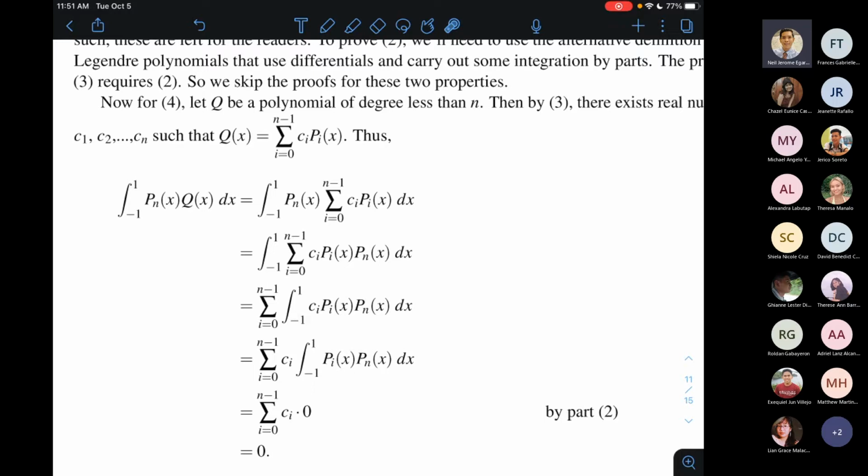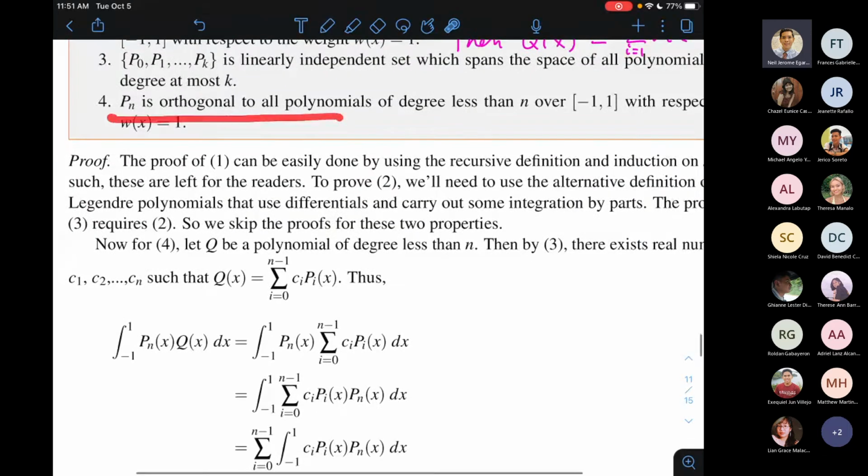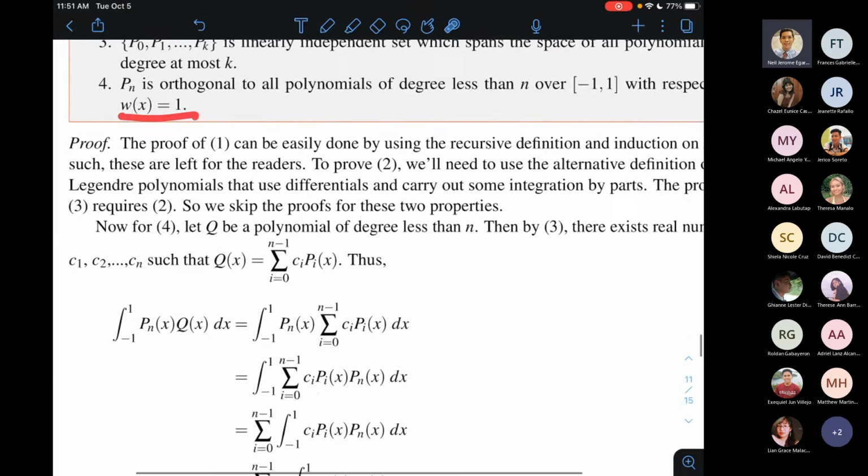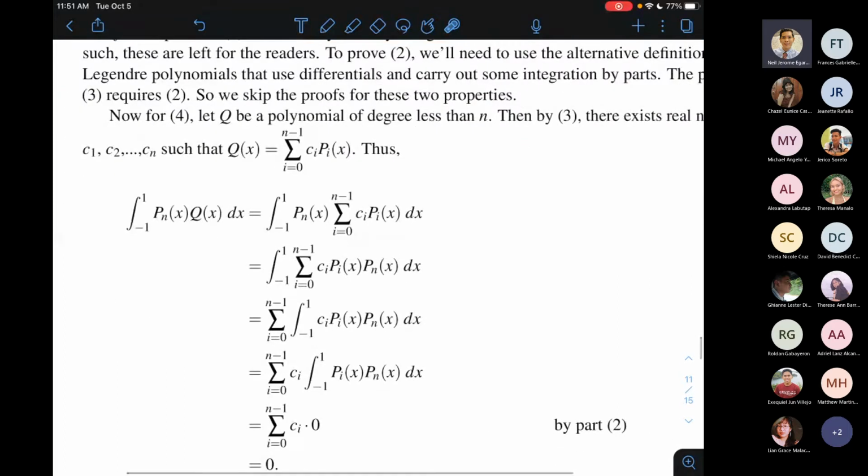Okay? And then anong gusto nating ipakita? Gusto ko ipakita na si p ay orthogonal kay q with respect to the weight function 1. So kunin ko ngayon yung integral ng p sub n times q. And I want to show that this integral will be equal to 0 over the interval -1 to 1. And let's see how it was done.